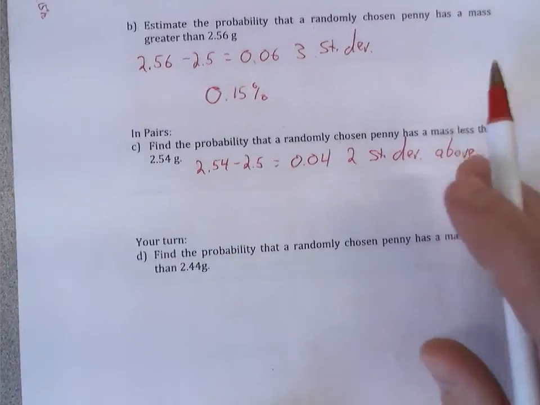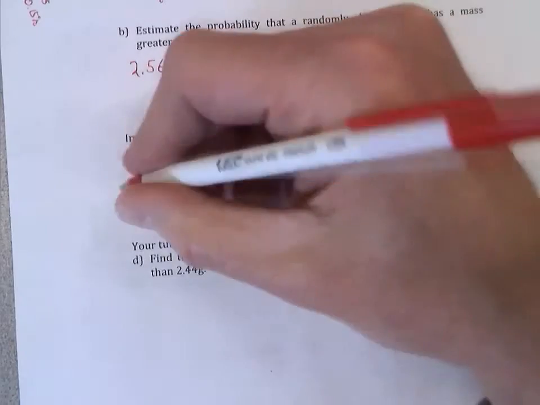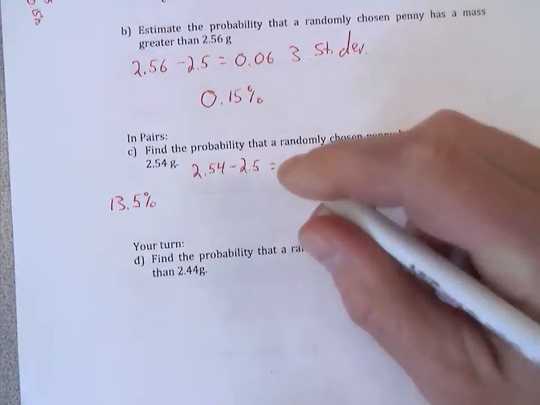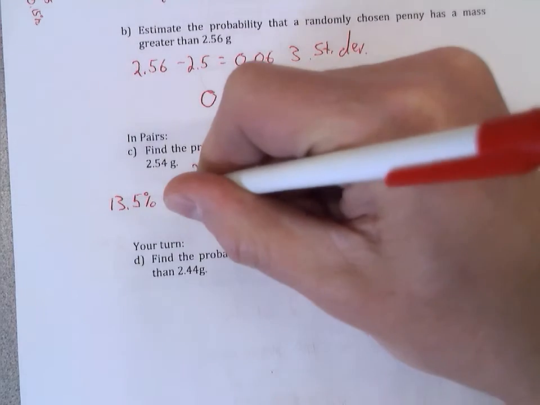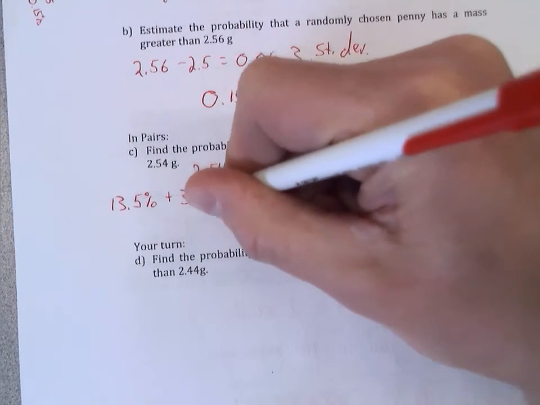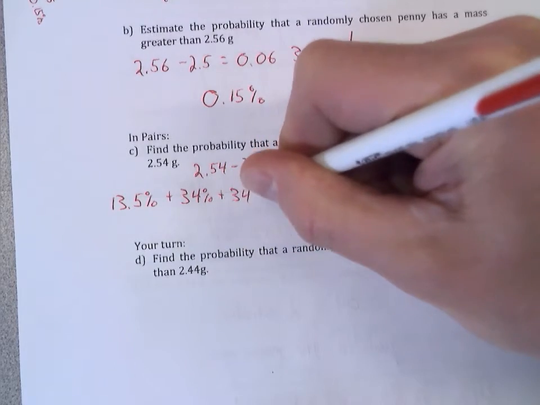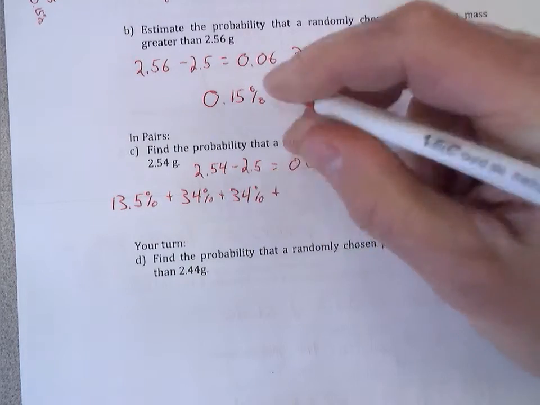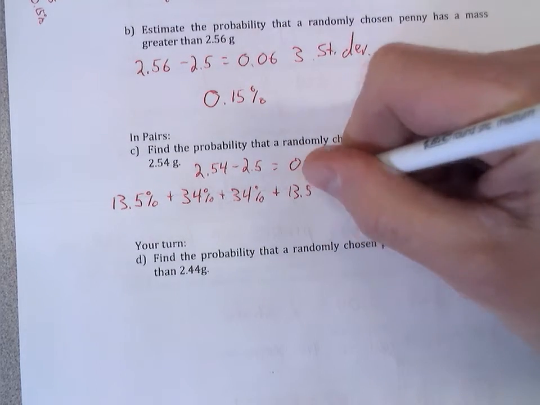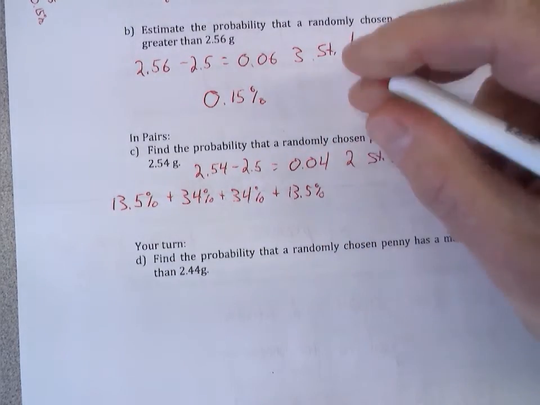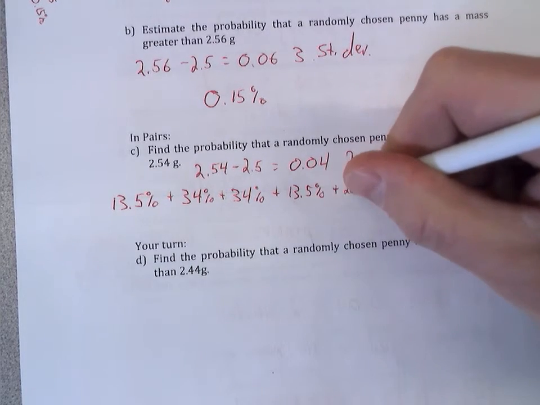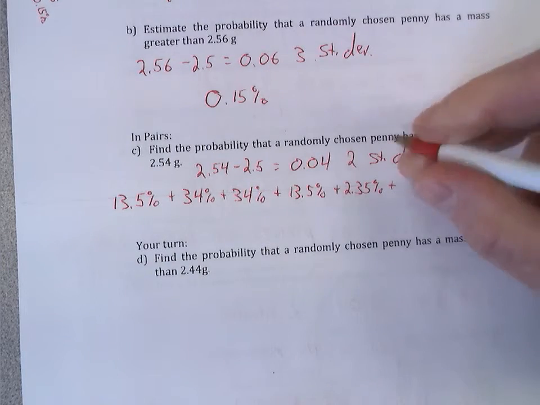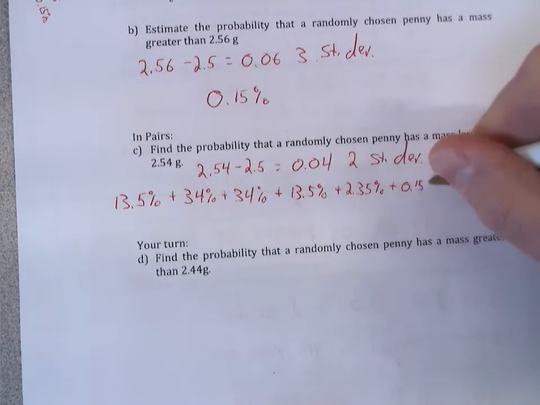So when we go back to our percentages, we're going to have 13.5%, plus both of the 34% areas, including the one that's below, and then the other 13.5% that's below, the 2.35%, and the 0.15%.